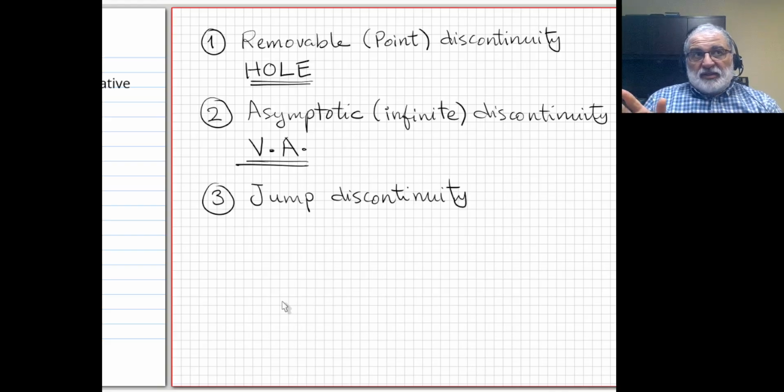Some of you may hear in your school that we also don't have a derivative where we have a cusp. Well, a cusp is more or less one of the things that we discussed before. A cusp is where the tangent is vertical, but coming from the right side, it's one slope, as in positive or negative slope.